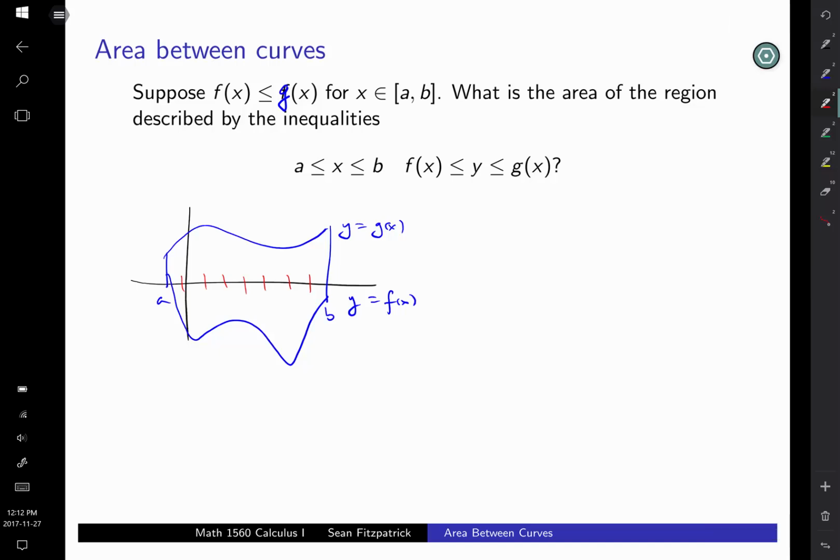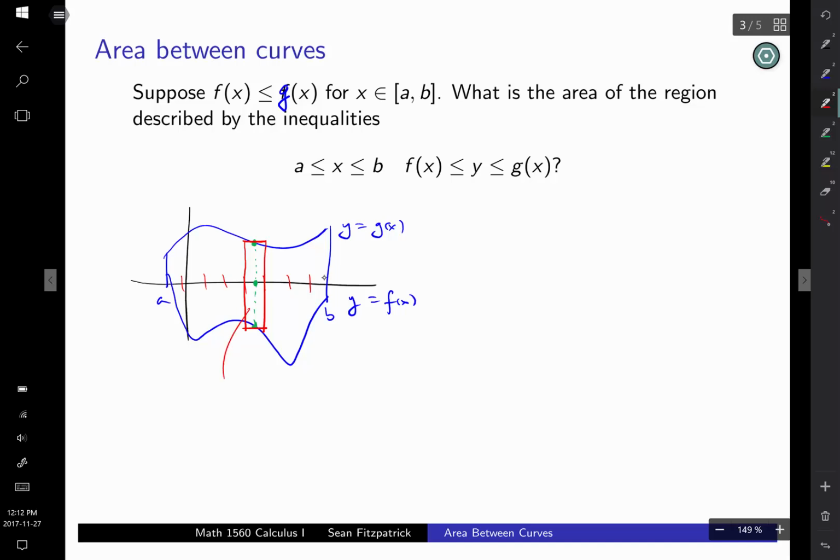But now notice, how do we calculate the height of a rectangle? Well, if I choose a point, and let's just do it for one rectangle, I choose a point in one of my intervals, I can go up to the graph of g, I can go down to the graph of f, and I can construct a rectangle like so.